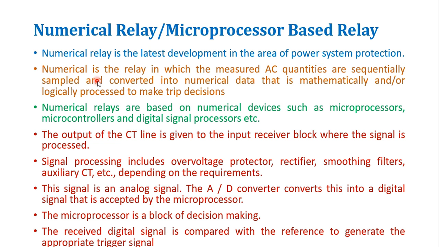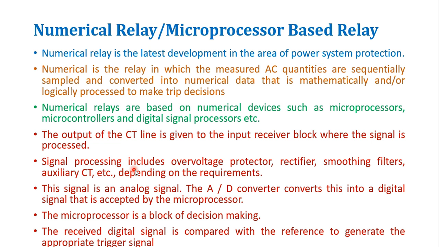In a numerical relay, the measured AC quantities are sampled and converted into numerical data and processed to make the trip decisions. Numerical relays are based on numerical devices such as microprocessors, microcontrollers, digital signal processors, etc. The output of the current transformer line is given to the input receiver block where the signal is processed.